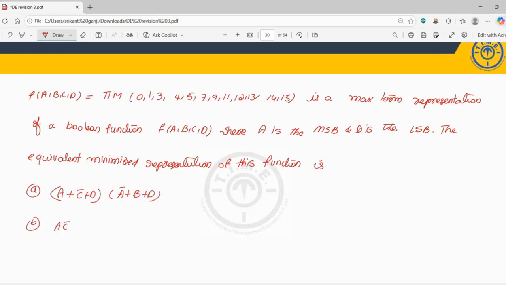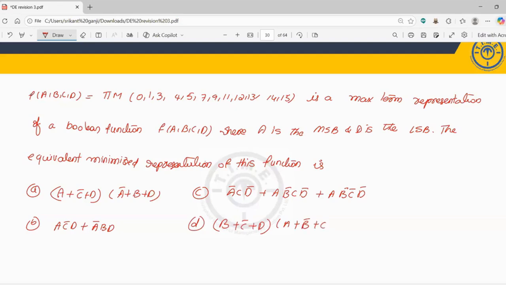B, a c bar d plus a bar b d. C, a bar c d bar plus a b bar c d bar plus a b bar c bar d bar. And D, (b plus c bar plus d) into (a plus b bar plus c bar plus d) into (a bar plus b plus c plus d). So this is GATE 2015 set number 1.